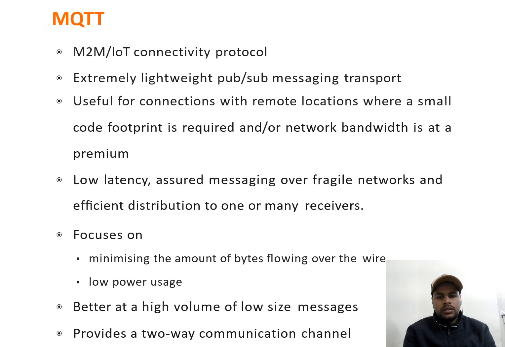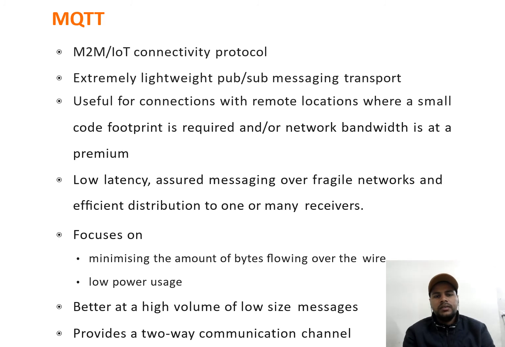Now we will study the MQTT protocol used for communication between different IoT devices. MQTT is the MQ Telemetry Transport protocol. It is an M2M or IoT connectivity protocol; it can be used in both models. It is an extremely lightweight publish-subscribe messaging transport protocol.